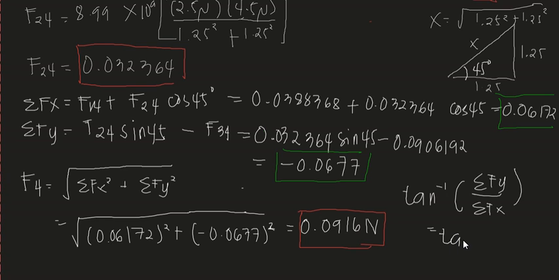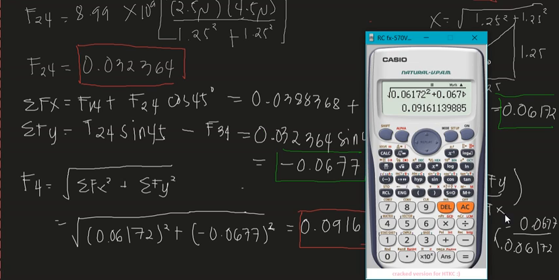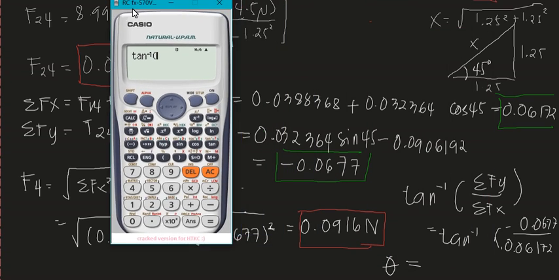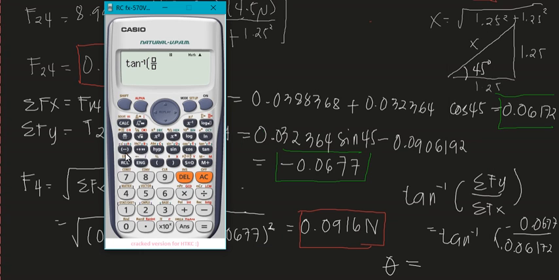So arctan of our y value, negative 0.0677, all over 0.06172.